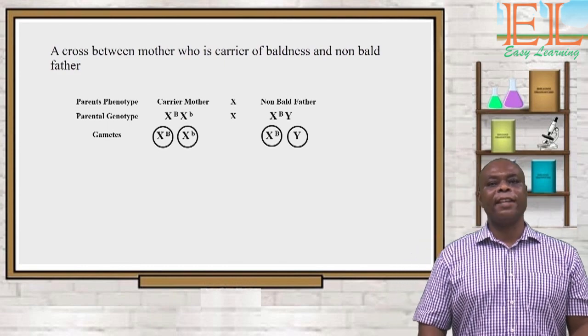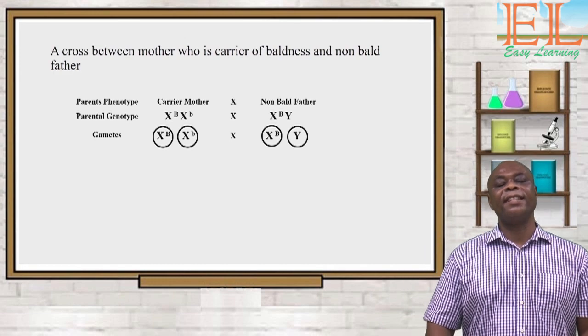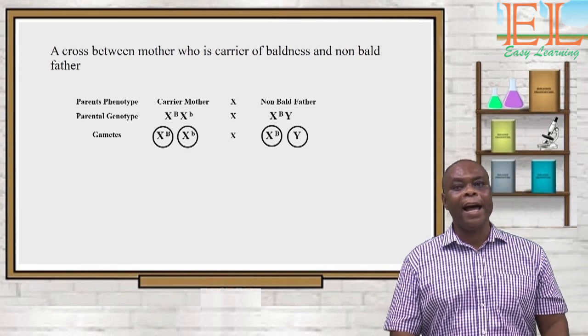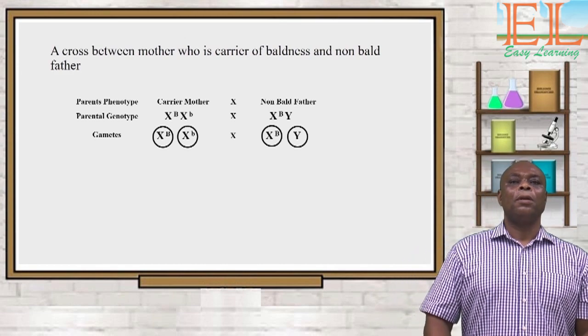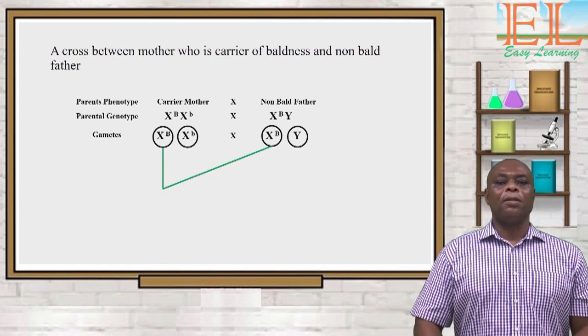Then crossing of the sex cells, when the mother's X with capital B takes the X with capital B of the father, we'll have XX, which will carry capital B's.